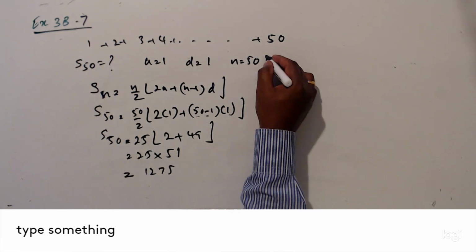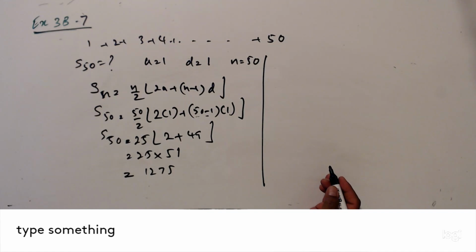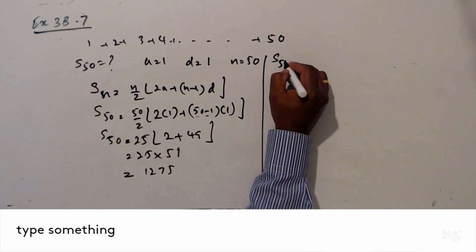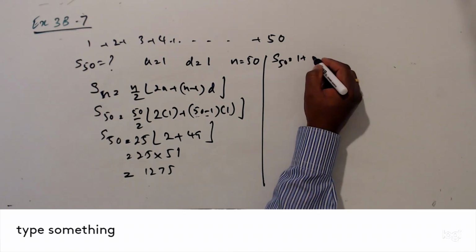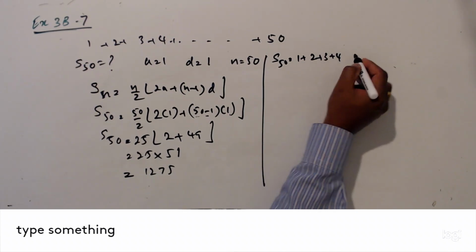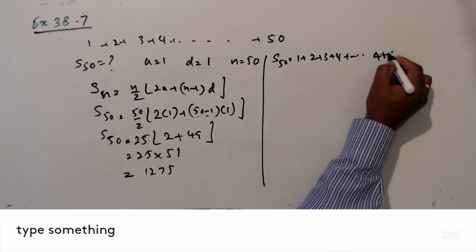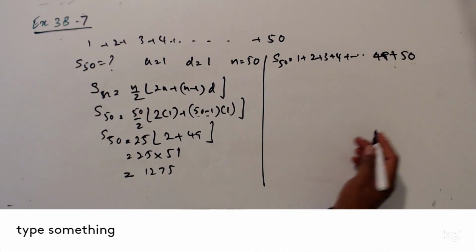And with first principles, you can simply work out S50 is 1 plus 2 plus 3 plus 4 plus dot dot, 49 plus 50.